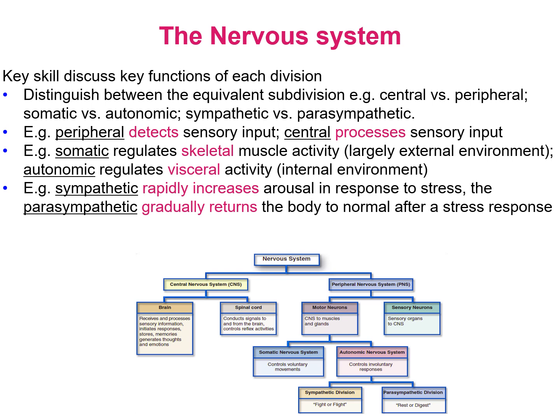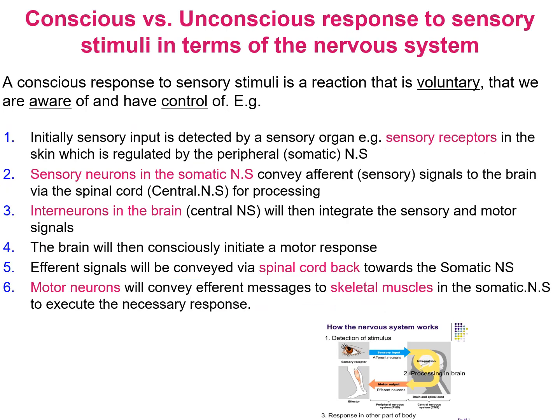As reflected by these other pinky comments, be mindful of your terminology when you are describing the major divisions of the NS and also the subdivisions. Now, when talking about the sequence of activity in terms of a conscious response to sensory stimuli, don't forget that it all starts with the sensory component.